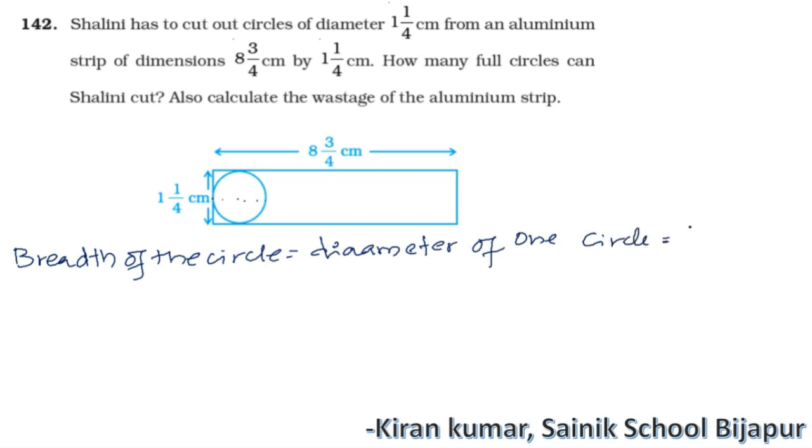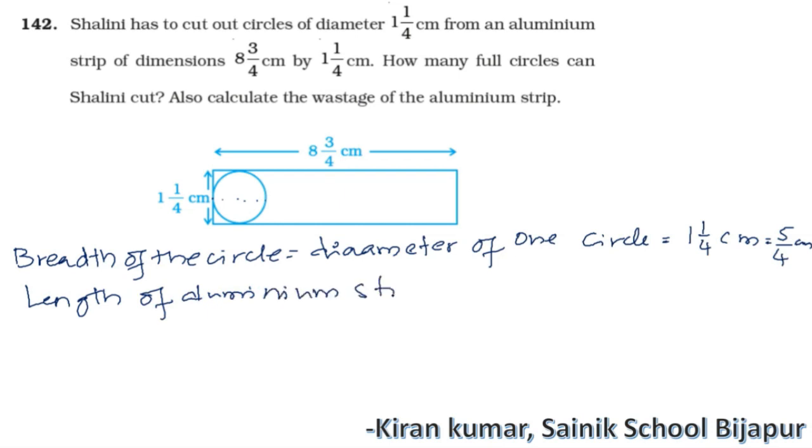This is nothing but 1 by 4 centimeter, which is same as 5 by 4 centimeter. And the length of aluminium strip is given as 8 3 by 4 centimeter, which is 35 by 4 centimeter.